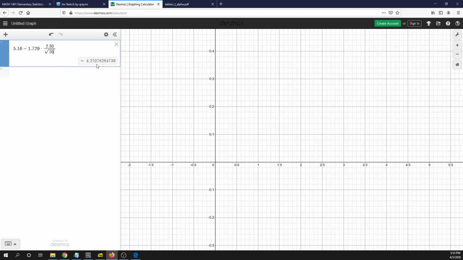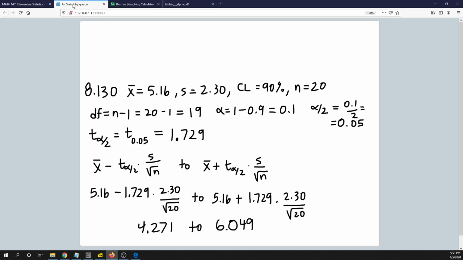So I get 4.271 to 6.049. Okay, so there's our confidence interval. So we've constructed that.